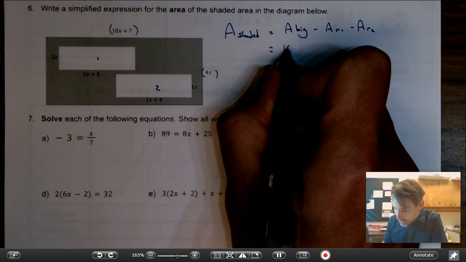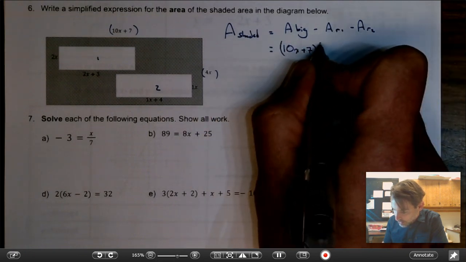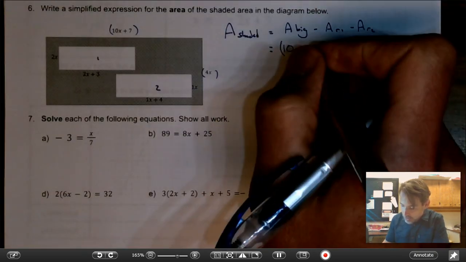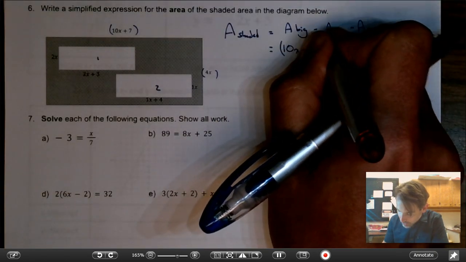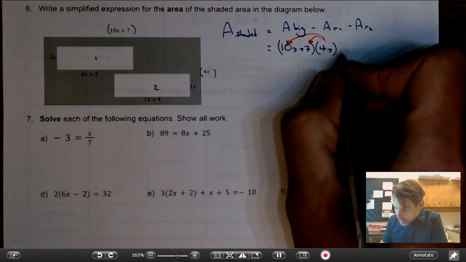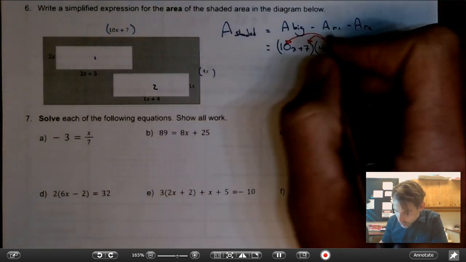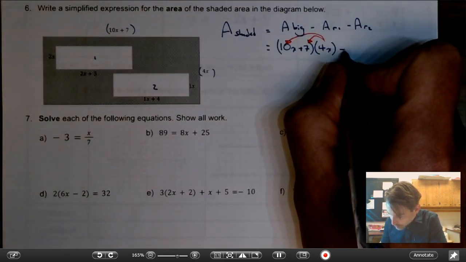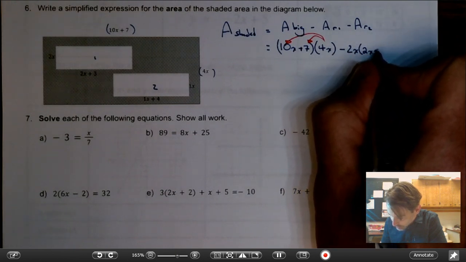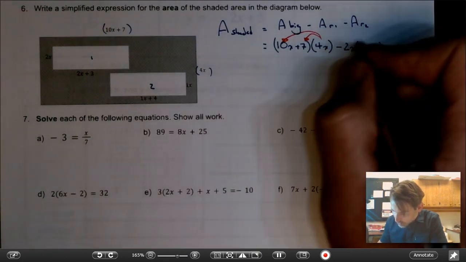So that's 10x plus 7 times 4x. And I wrote that backwards, but it's still going to distribute this way and distribute that way. If I wrote it on the front, I'd have the same multiplications. Anyway, area of rectangle 1 is 2x times 2x plus 3. So it's going to be minus 2x times 2x plus 3. And then we're going to subtract x times x plus 4.